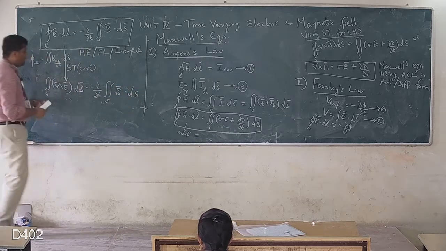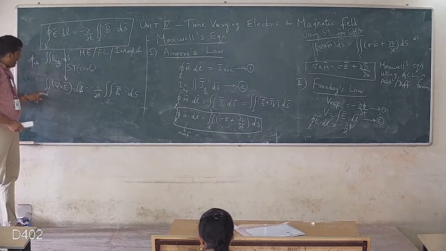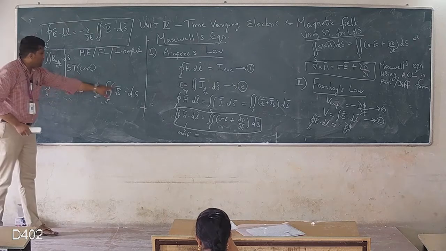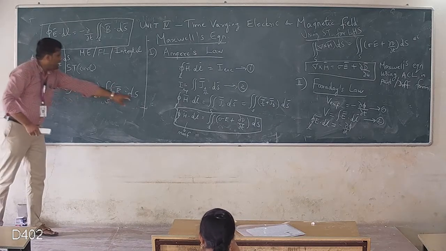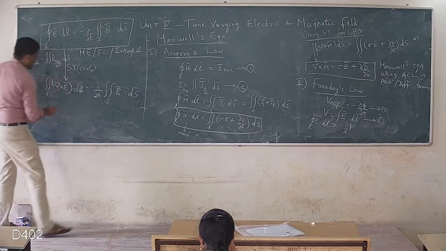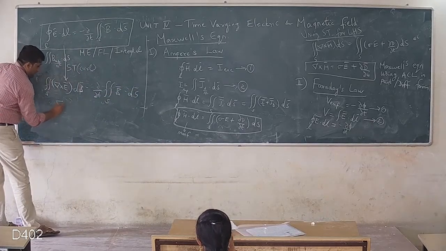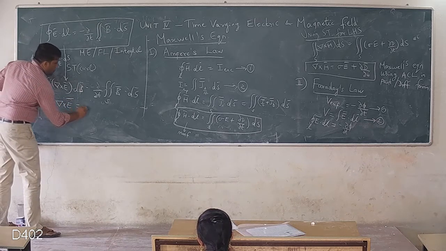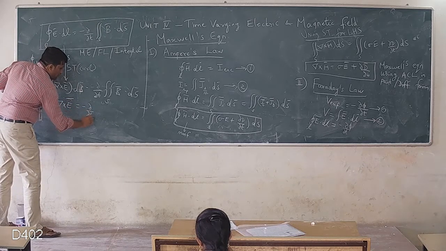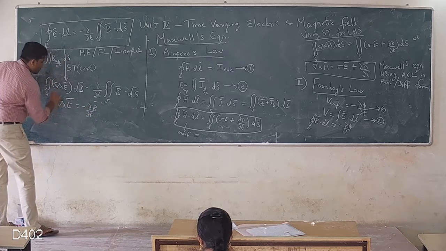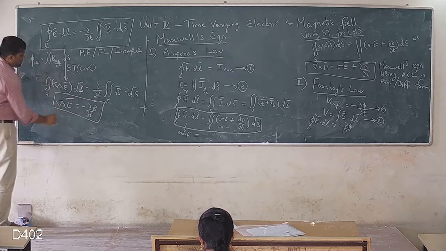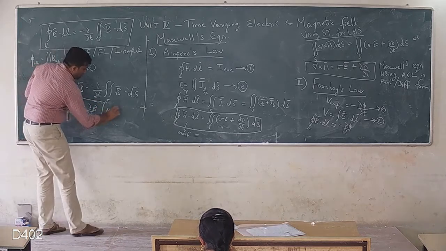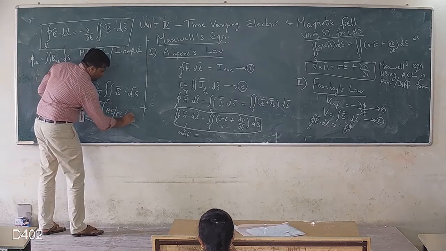If I equate the LHS and RHS, I will find there is a double integral with reference to ds vector on both sides, and therefore, equating, I will get del cross E vector is equal to minus dou B by dou t vector, and this is your Maxwell's equation using Faraday's law in point form.